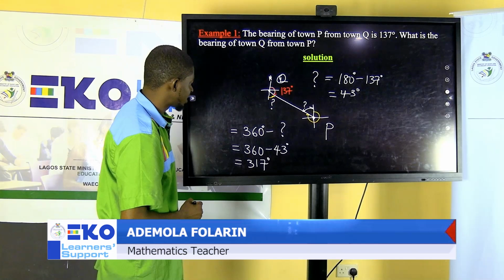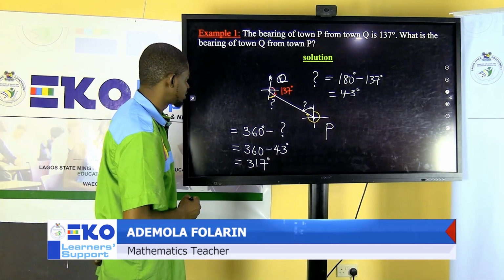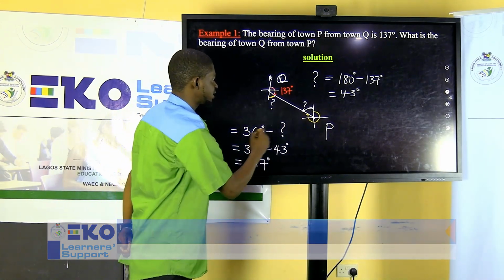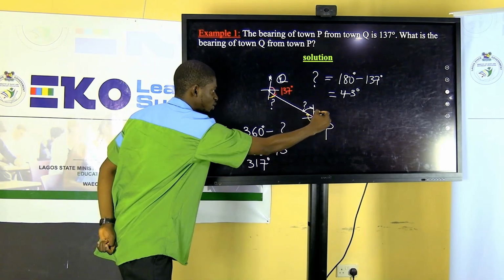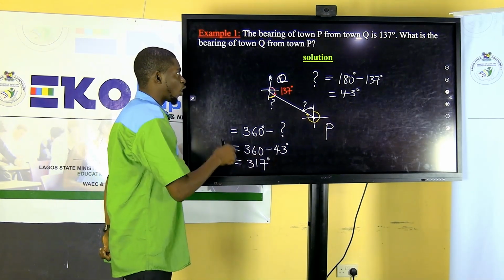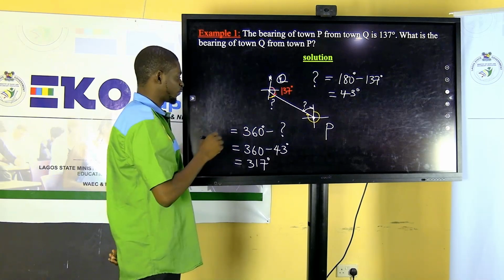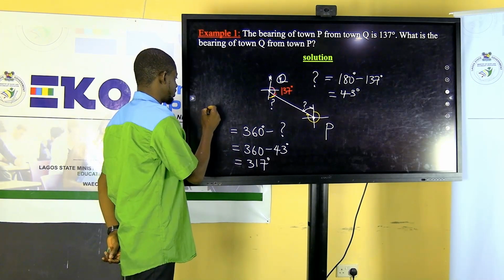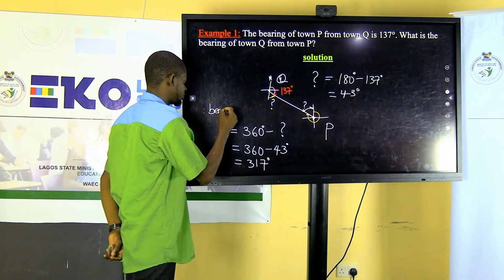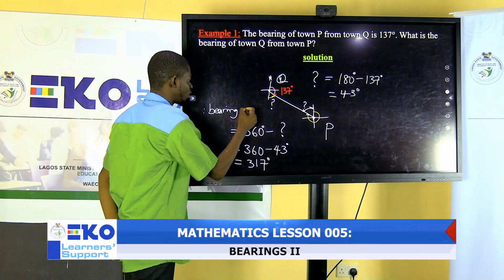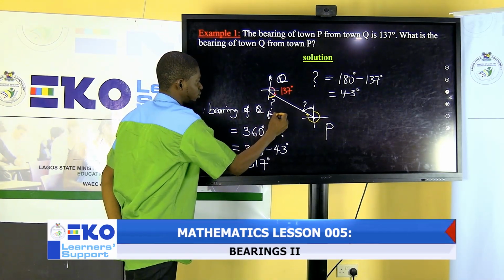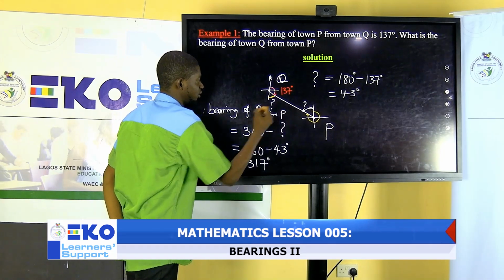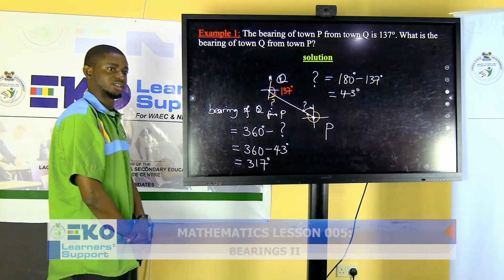So you agree with me that this bearing here, the yellow part, the bearing of town Q from P, therefore, bearing of Q from P is what we have here.